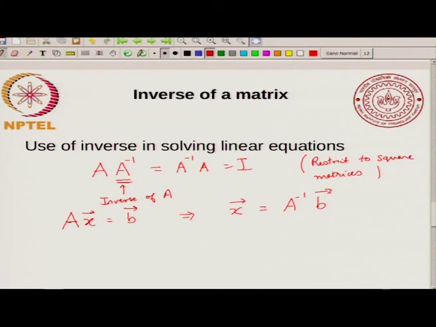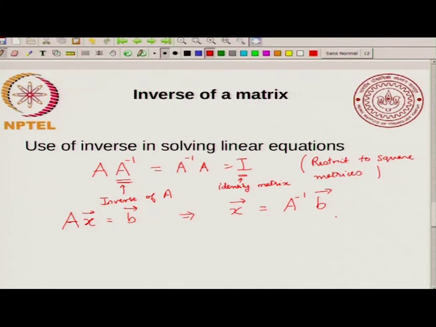Then A inverse A is nothing but the identity matrix, and I can write x as A inverse B. So if I know the inverse of this matrix A, then I know the solution. Suppose I have a set of equations, I write it in matrix form and calculate the inverse of that matrix, I immediately know the solutions of those equations.